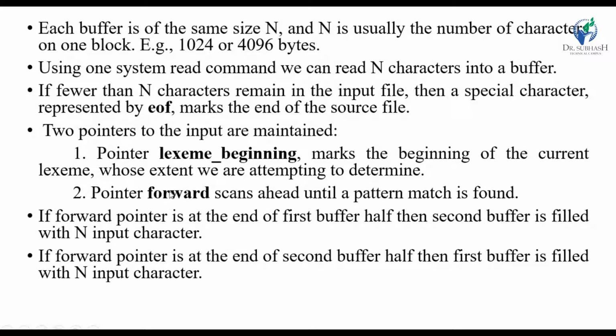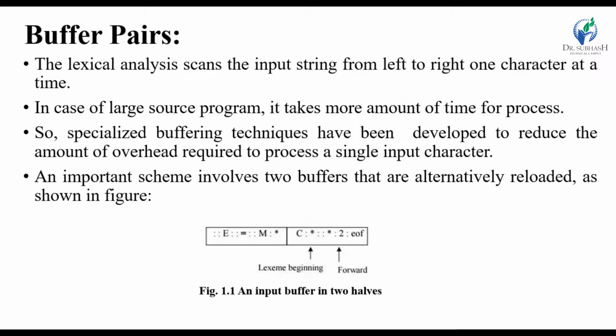This forward pointer is incremented until it finds the pattern match. If the forward pointer is at the end of the first buffer half, then the second buffer half is filled with input characters. If the forward pointer is at the end of the second buffer half, then the first buffer is filled with input characters, as shown in the figure.